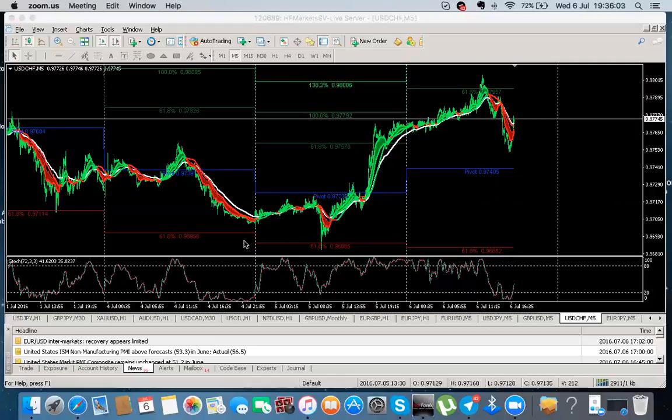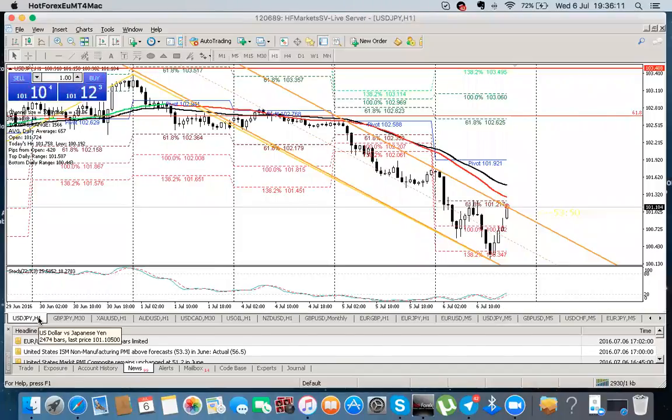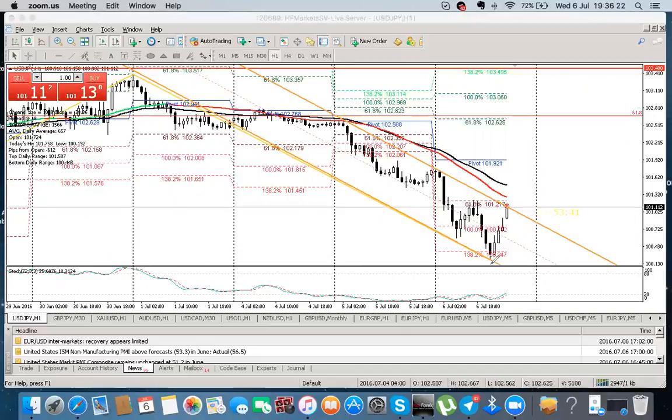On today's call, let me show you why I took the US dollar versus yen trade. I was explaining the indicators. The market is completely bearish and below the pivot point.